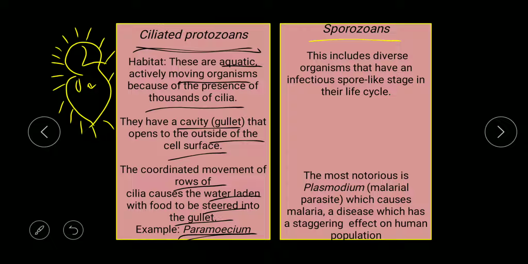One is smaller, known as micronucleus, and one is larger, known as macronucleus. The last group is sporozoans, and sporozoans include a diverse group that have an infectious spore-forming stage in their life cycle.